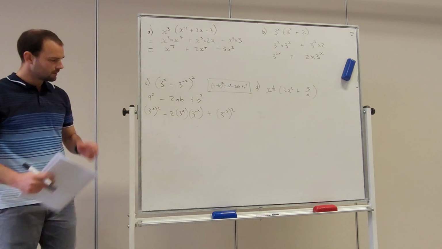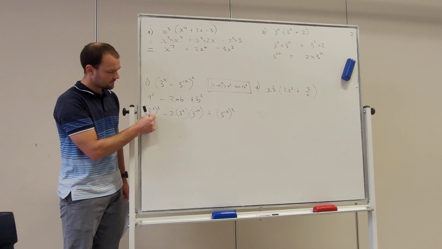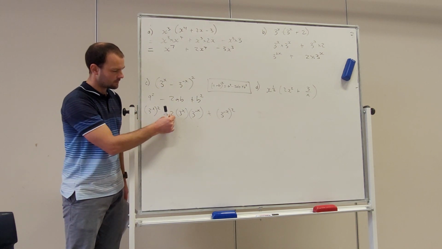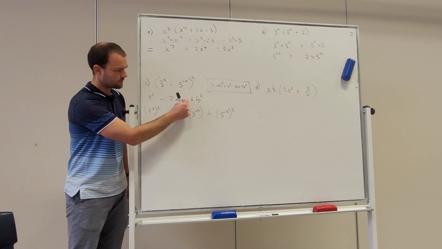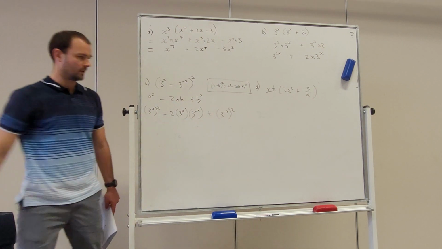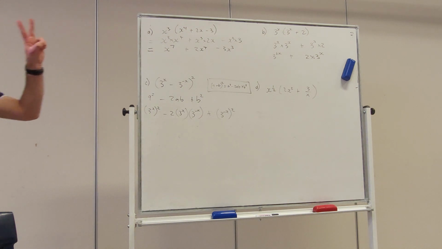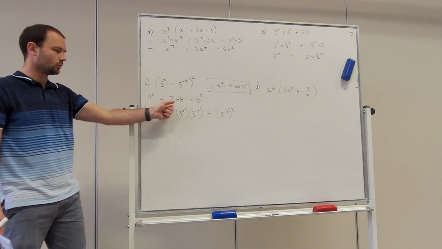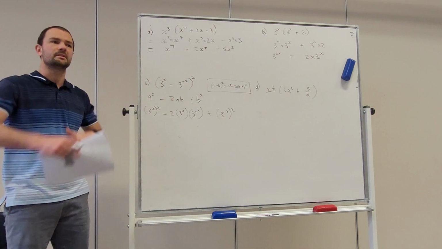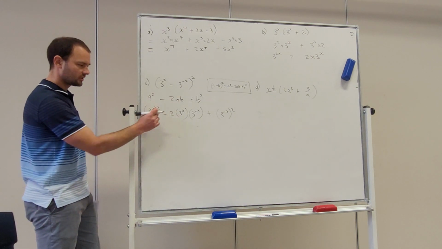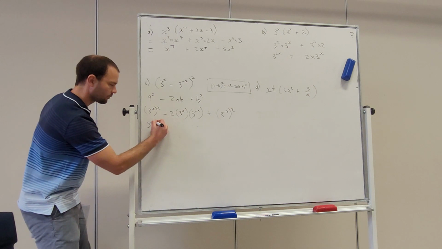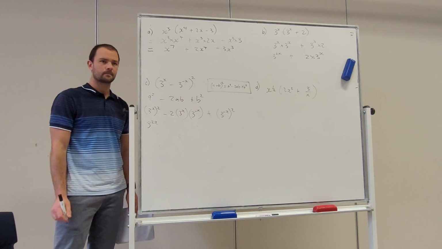I think there's 2 steps to this. The first is just to do the expansion. The second step is to process it a little bit more. Here, order of multiplication doesn't matter. The correct way to write this is 3 to the power of 2x.